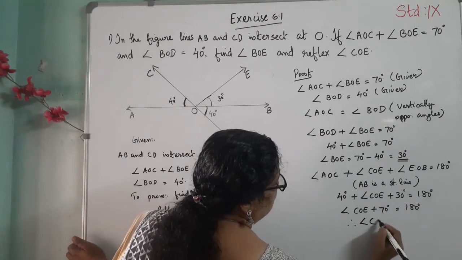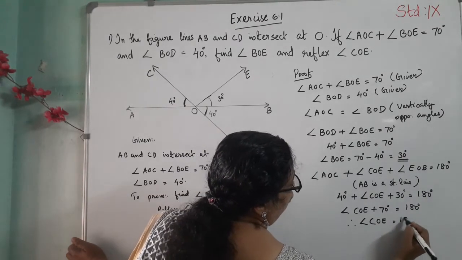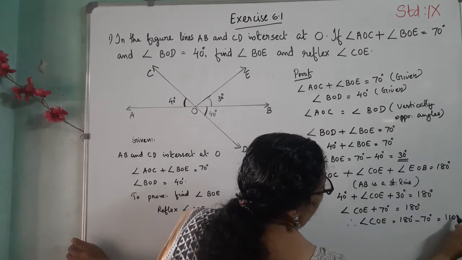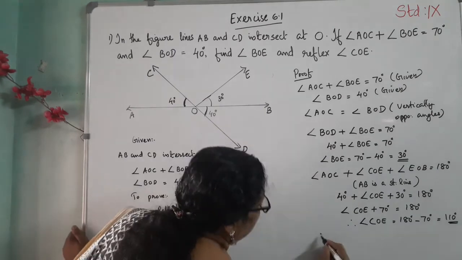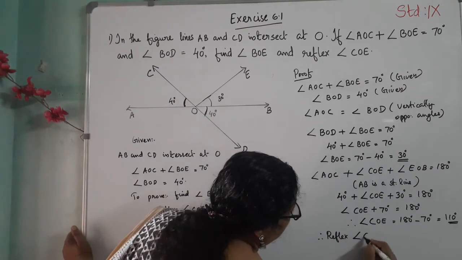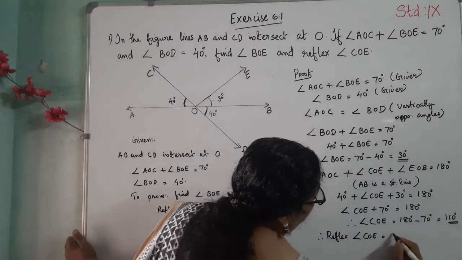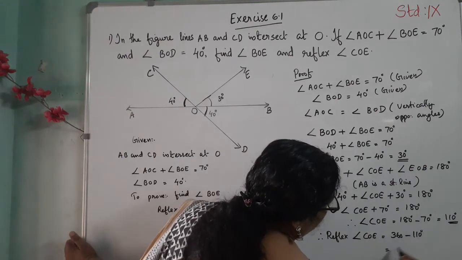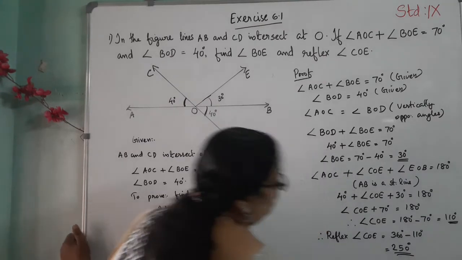Therefore angle COE equals 180 minus 70, which is 110 degrees. Therefore the reflex of angle COE equals 360 minus 110 degrees, that is 250 degrees.